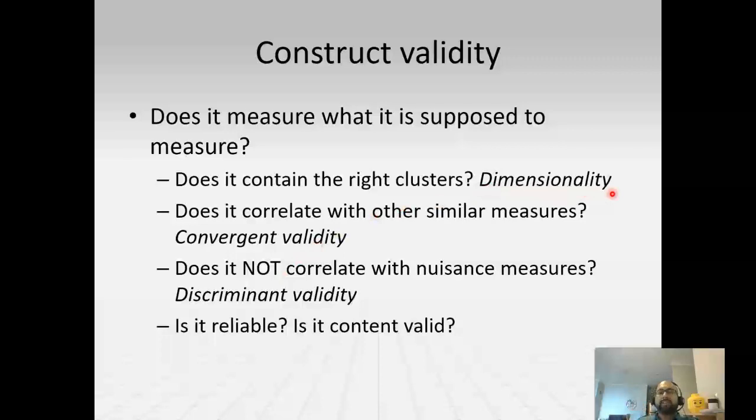Does the measure contain the right underlying clusters? For example, class, when we measure customer orientation, typically, the measure is designed to contain two clusters, or factors is the technical term. The two clusters are your ability to help customers and your motivation to help customers. Not quite the same thing.